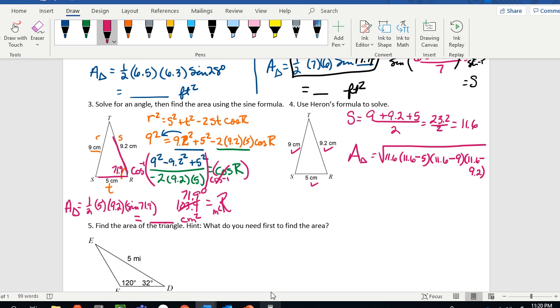Close parentheses. Once you have your answer here, it should match. It better match whatever's over here.